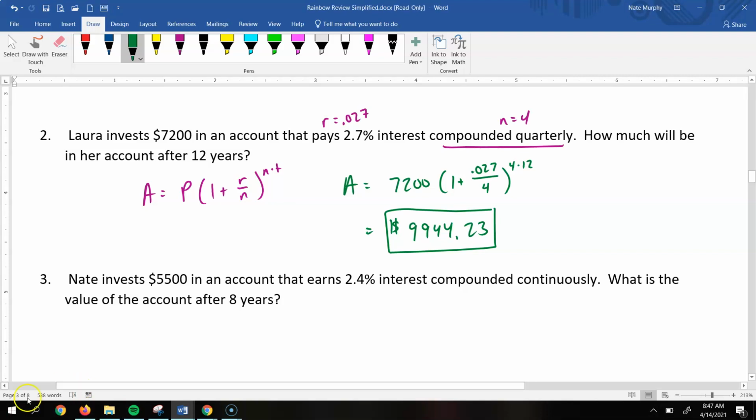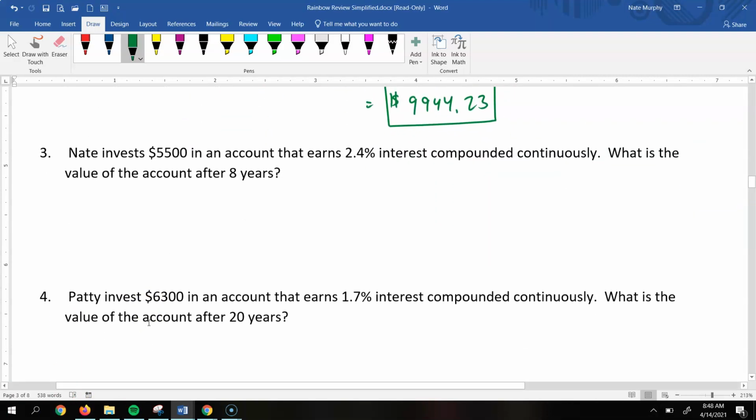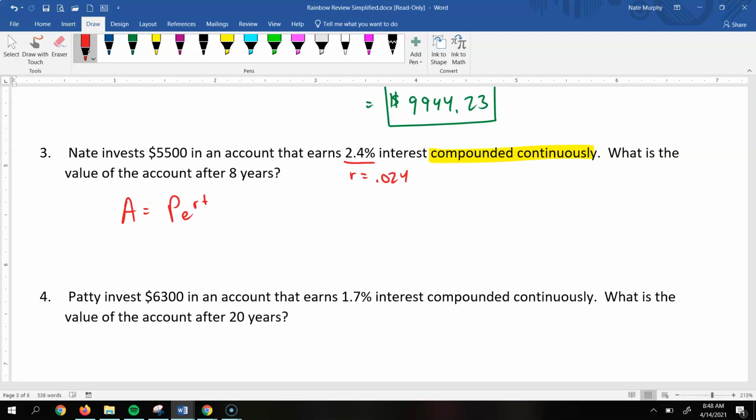All right, let's look at number 3. Nate invests $5,500 in an account that earns 2.4% interest compounded continuously. All right, got to read these carefully. What is the value of the account after 8 years? Remember when we see that phrase, compounded continuously, that means we use our PERT formula. Our rate as a decimal will be 0.024, our principal is $5,500 and our time is 8 years.